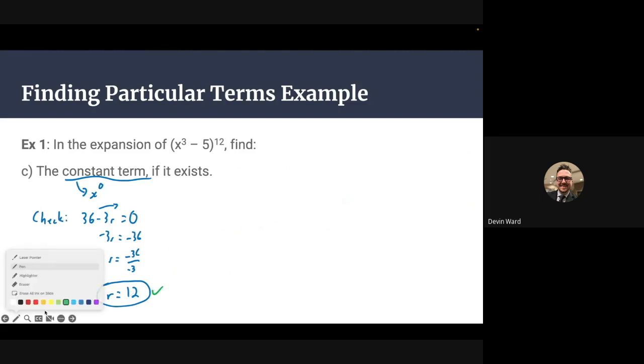If I go back to my general term, I have t sub r plus 1 equal to 12 choose r, negative 5 to the power of r, x to the 36 minus 3r. Now I can sub in r equals 12.